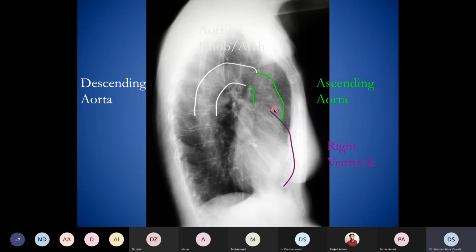So I would like to move on with the lateral view. So the right ventricle is over here. Regarding the inferior vena cava, the inferior vena cava is actually the part of the heart that is touching the diaphragm. That's actually the inferior vena cava.